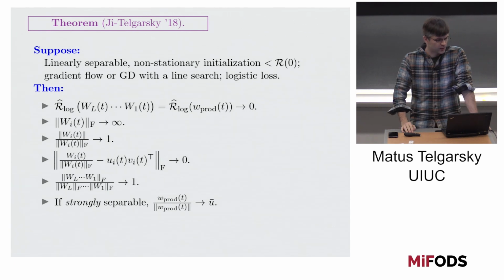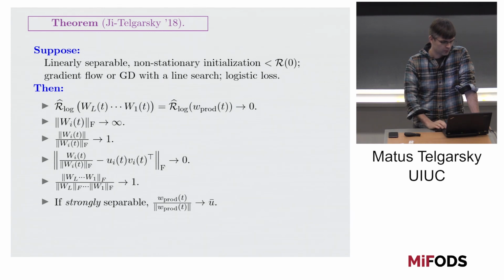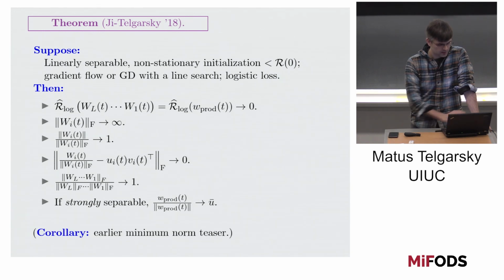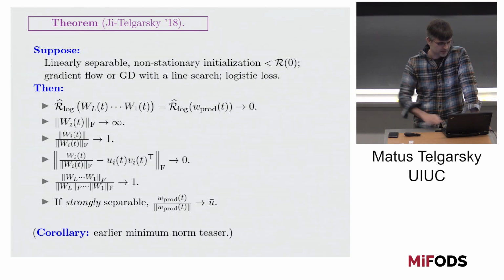Then we get this max margin predictor, where W prod is the product of all the weight matrices. And this implies the thing I said at the beginning, which is this minimum Frobenius norm property. The way you get that is by all the matrices being aligned. Okay, so that's the result. Any questions on this?